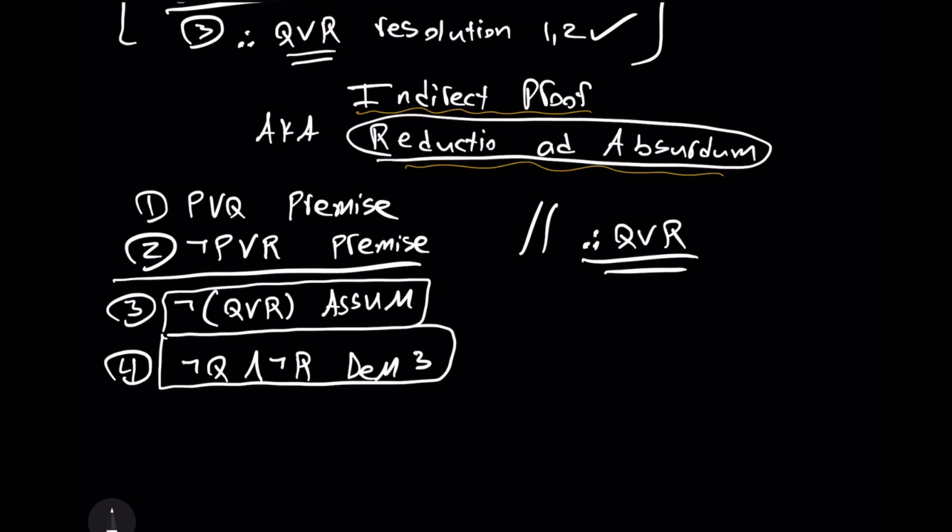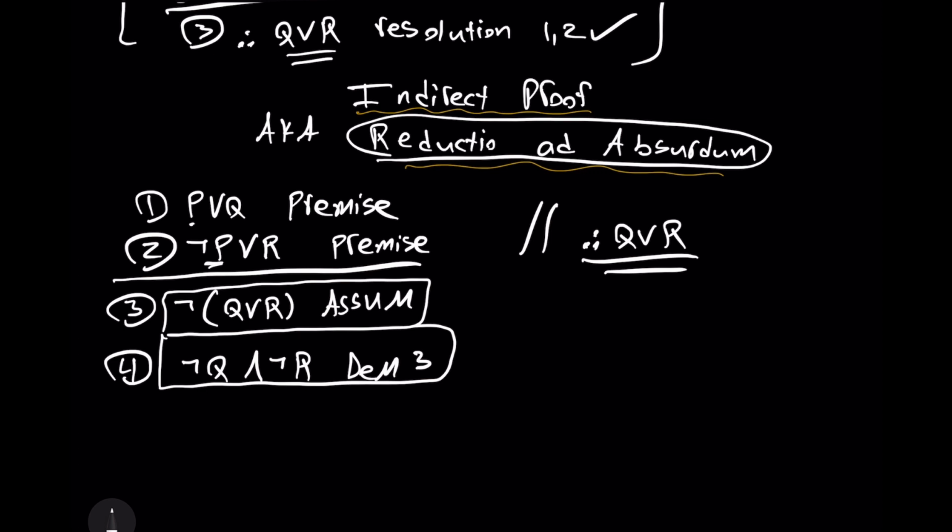We're looking for a contradiction, so we want something like P and not P. That would be a contradiction. That cannot be true. Can we derive that? I think we can. So for example, here's a P, here's a not P. So could we somehow say P is the case and not P is the case simultaneously in a conjunction?